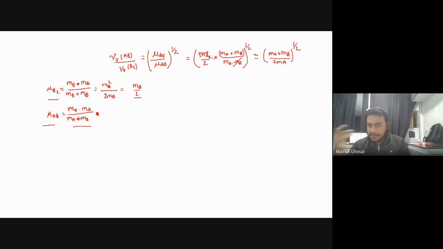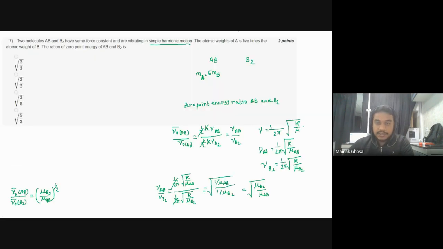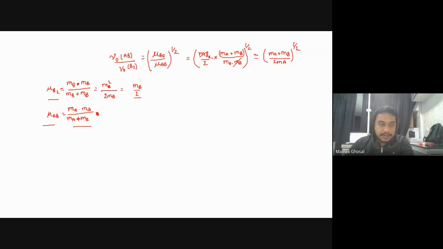If you can remember, there was a condition. What was the condition? The condition is given as MA is 5 times MB. Now I am going to put that. So the condition was MA is equal to 5 times MB.